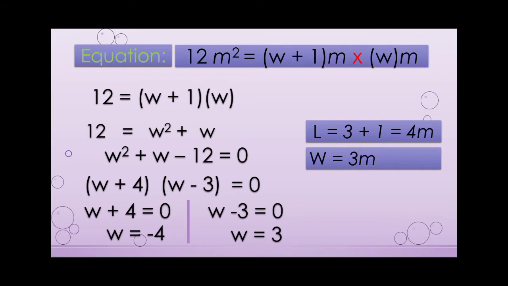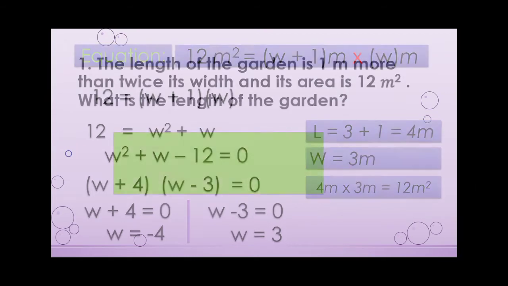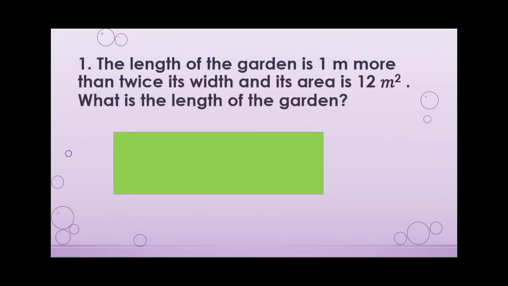And the area of the garden is 12 square meters. So, again, we have here the garden. The width is 3 m or 3 meters. And the length is 4 meters. And if we are going to multiply this, we will have 12 square meters. Okay? Did you get it?